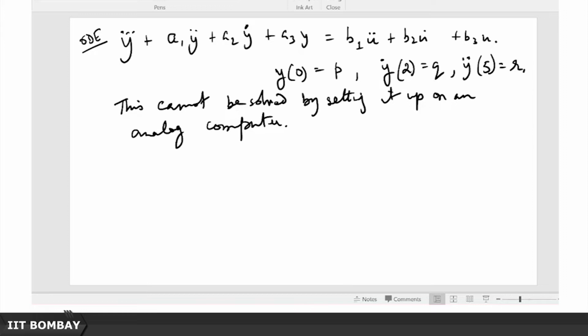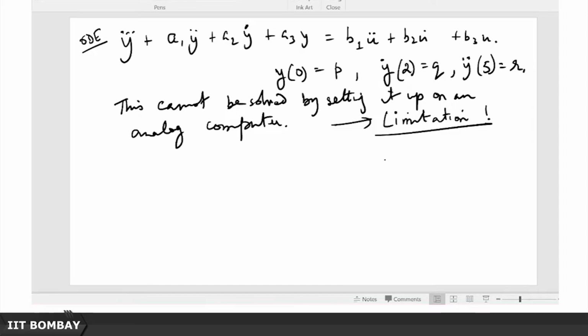You cannot have knowledge about y at some instant, y dot at some other instant, and y double dot at some other instant and expect to solve it using the standard state space technique. So that is one limitation. As I promised you some time back, here goes the first warning. This is a limitation of the state space setup that we are going to work with. So don't expect to solve this kind of differential equation using the conventional state space method. It doesn't work that way.